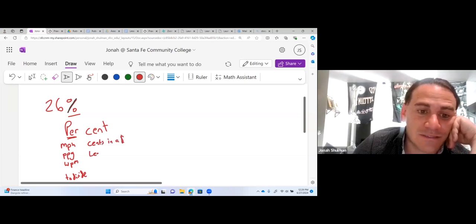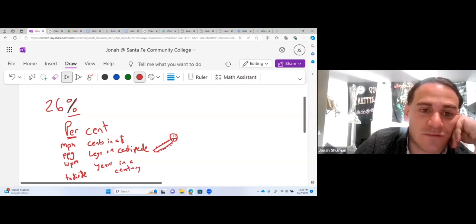How many legs on a centipede. That's my happy centipede. Or how many years in a century. All of that should tell you exactly what we need for this part.